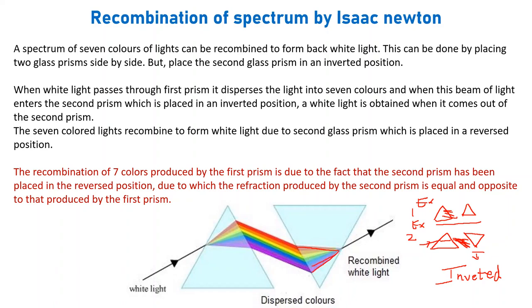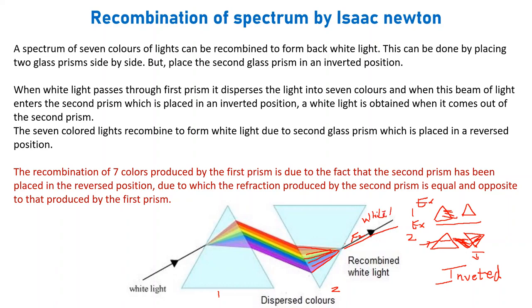Instead of dispersion, these lights are coming together, and after coming out from the second surface of the second prism, this is my second surface, F2, he found that this light is nothing but white light.